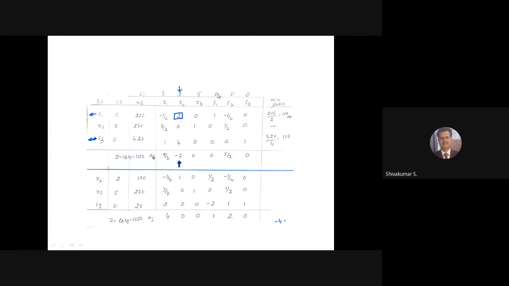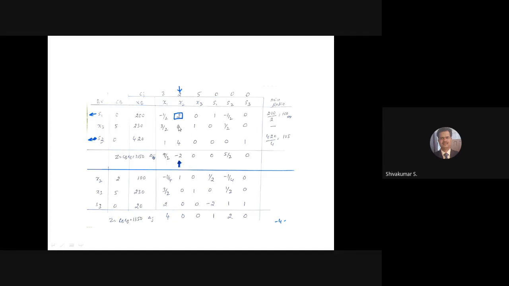CB is basically the coefficients of the Z function. S1 coefficient is 0, X3 coefficient is 5, and S3 coefficient is 0. These are the coefficients. So now CB becomes 0, 5 and 0.